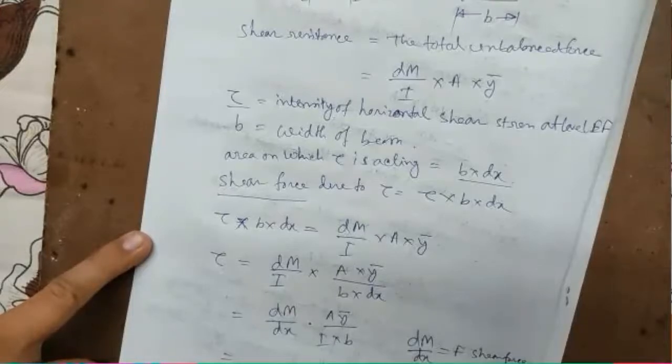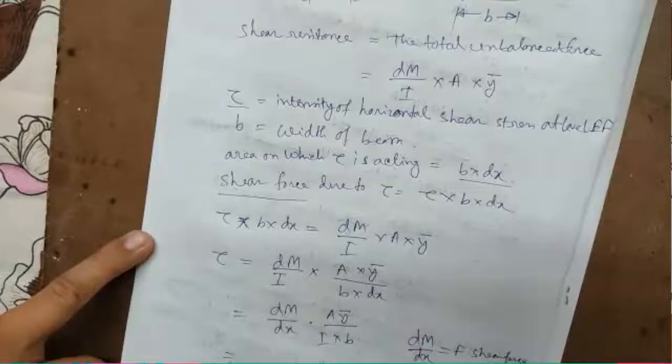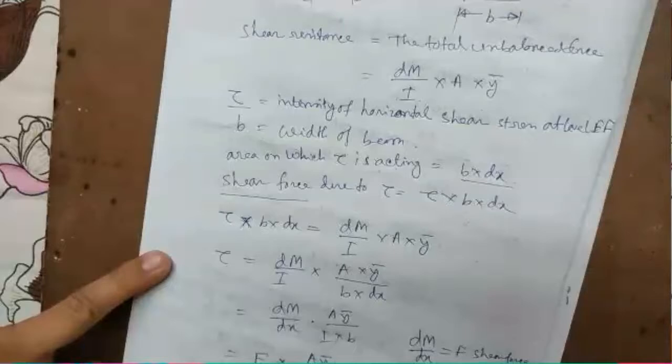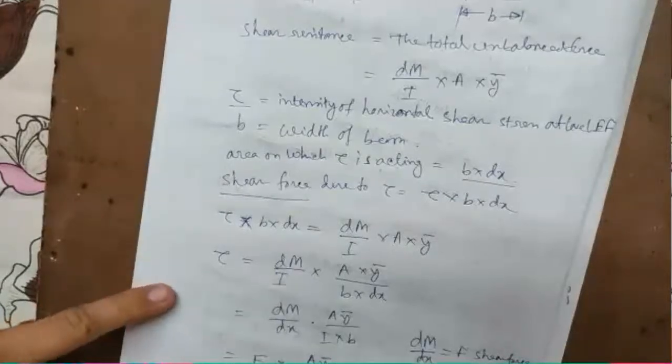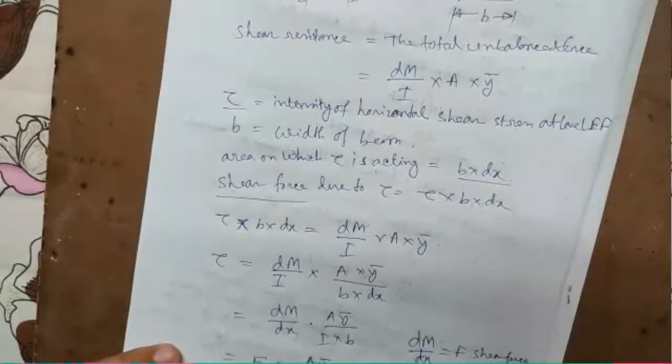So dM by dx, here the shear stress is caused due to the bending stress, will be written as F. So F into A into y bar by I into b. So this is the expression through which we can get the horizontal shear stress at the distance y1.